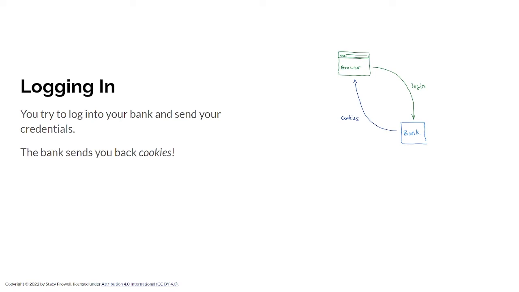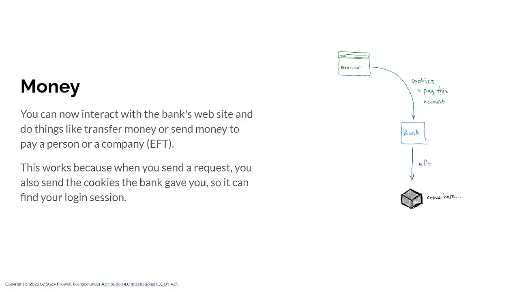So the bank sends you a cookie, and you send it back each time, and that cookie tells the bank that you have authenticated and you have an active authenticated session. That cookie is how it knows. So then you go to the bank, and then you can issue an electronic fund transfer to send money somewhere. And the bank will do it because the cookie shows that you have an authenticated session.